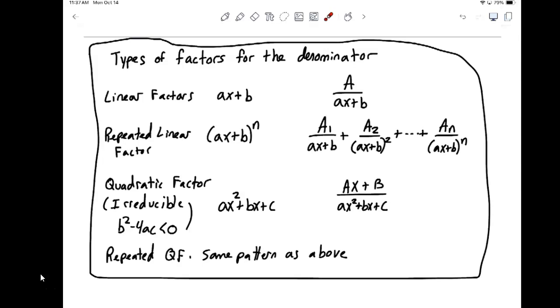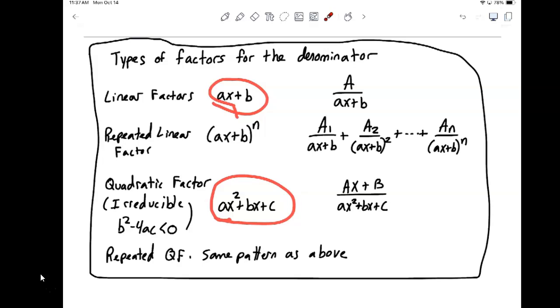It turns out there's a fact from algebra that says that every polynomial with real coefficients can be expressed as a product of first degree factors, or first degree factors and quadratic factors.